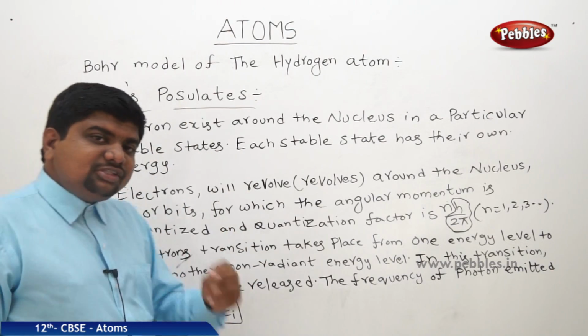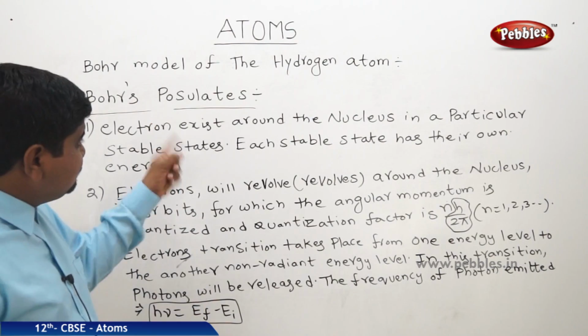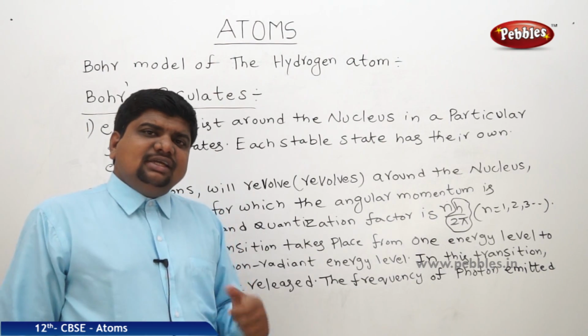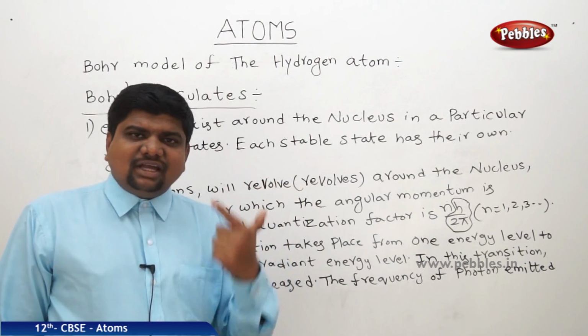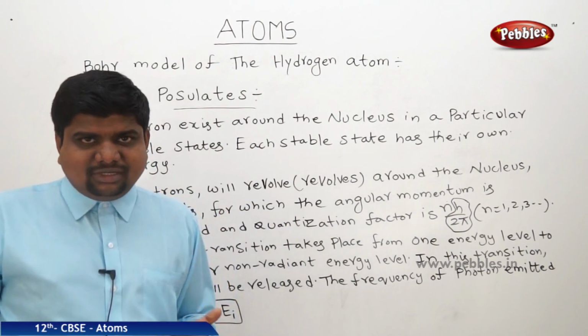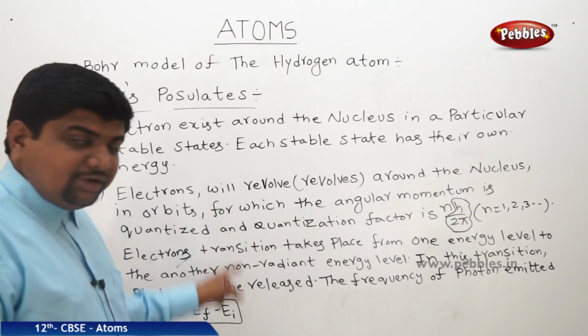These three are the postulates of Bohr's atomic model. Now we are going to see the equation part. With Bohr's postulates, we can find out the velocity of the nth electron in an orbit, the radius of the orbit, and the energy of the orbit. These are all set with Bohr's orbit, Bohr's radius. Now we are going to find that out.